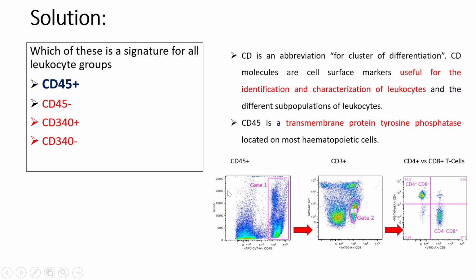Along the y-axis we are measuring the side scatter: cells which are less granular or less complex will show up in the lower quadrant, whereas cells which are highly complex or granular will show up in the upper quadrant. Since we are trying to select the leukocytes from amongst this cell population, we will select the cells situated more towards the right side of the x-axis.